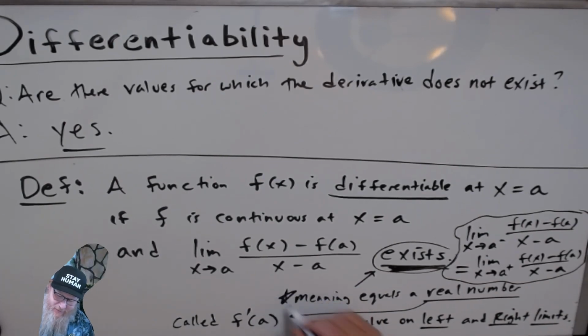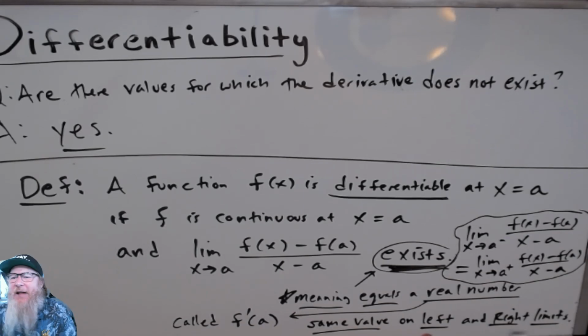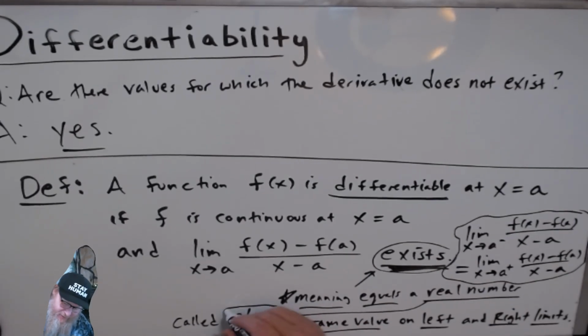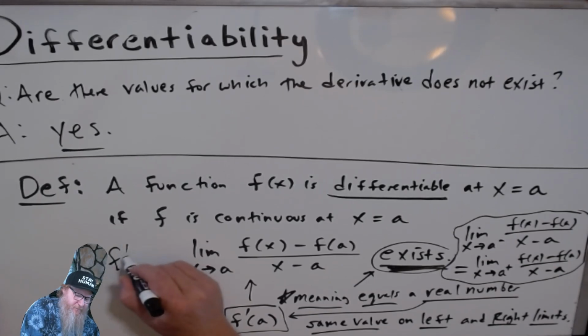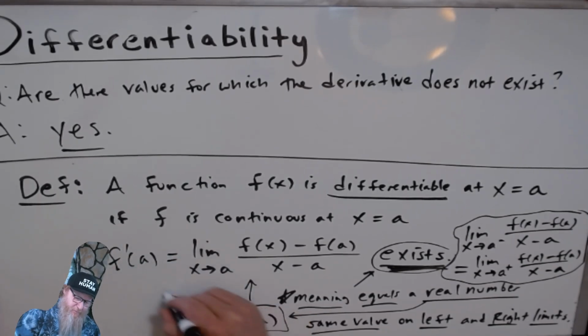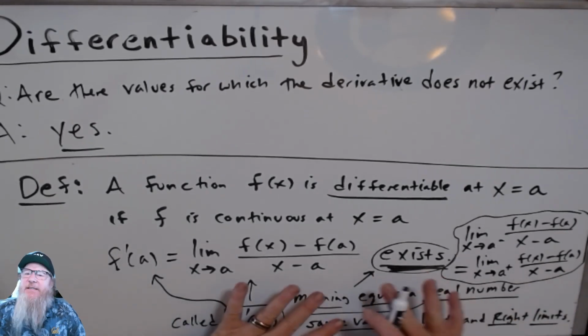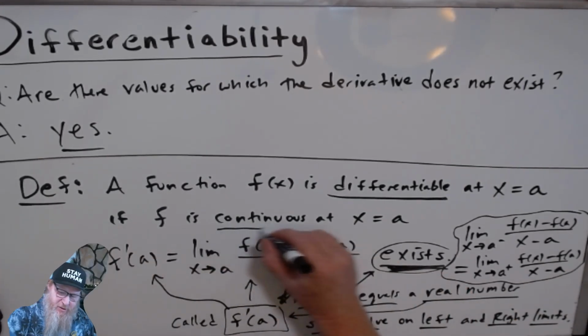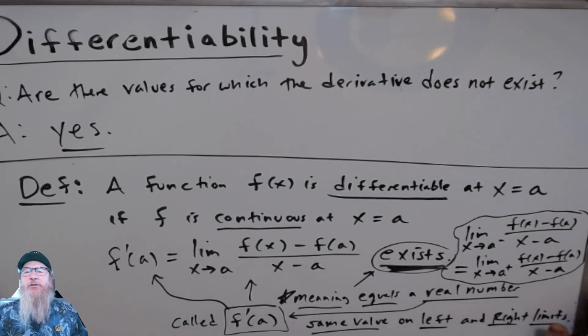So it must equal a real number. It must be the same value on the left and the right. And then whatever that value is, that's called f prime of a. That is what this is equal to, if it exists. All right. If it doesn't exist, or if the function is not continuous, then we would say it's not differentiable at that point.